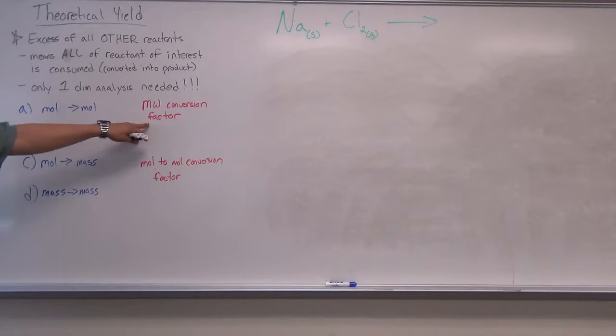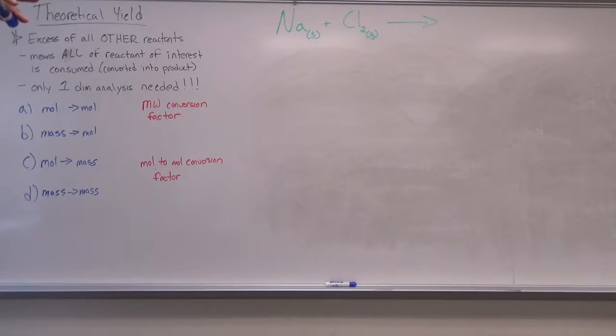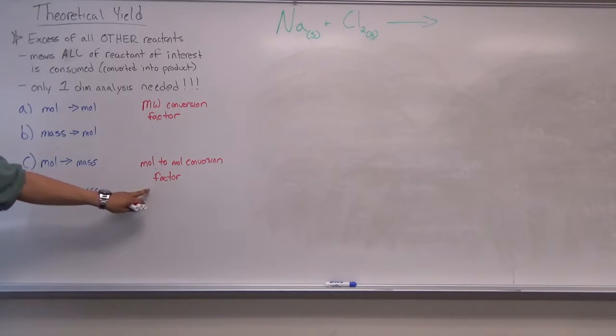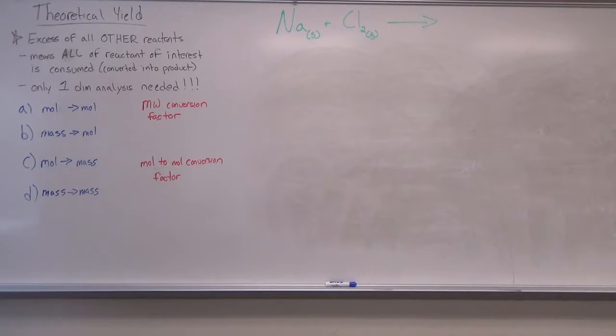Now, our molecular weight conversion factor, over there. Our mole-to-mole conversion factor comes from where? How do we compare moles to moles within a chemical reaction? Moles to moles within a chemical reaction.